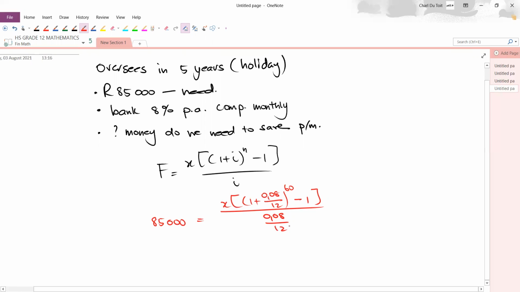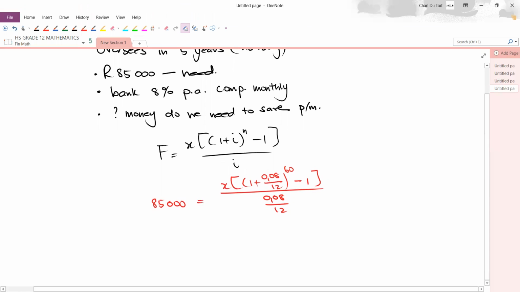The easiest way to do it is to just type everything on the right-hand side without the X in your calculator and then divide it into 85,000. So I'll have 85,000 here and then a certain value next to X. These sums are not complicated yet. Yeah. They become quite involved, difficult.